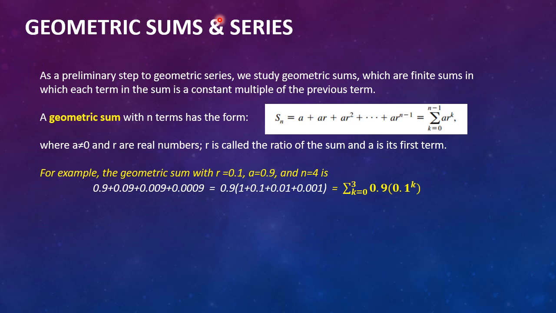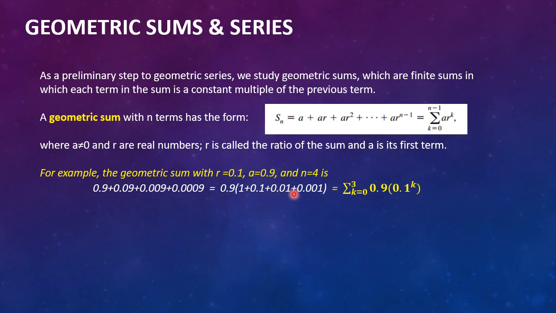If we look at an example, if we have r equals 0.1 and a equals 0.9 and n equals 4, we're looking for 4 terms, we get a, 0.9, plus a times r, 0.09, plus a times r squared, which is 0.009, plus a times r cubed, which is 0.0009, and the exponent 3 is 1 less than n.